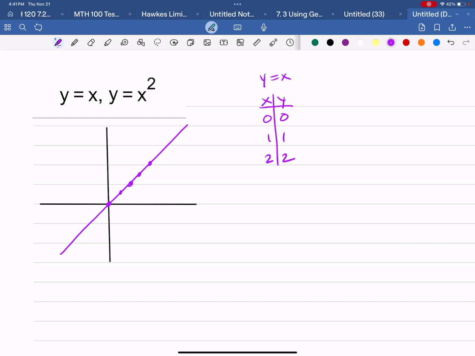So there's that one. And then y equals x squared is a parabola. So let's see, 0, 0, 1, 1, 2, 4. And so this looks like this. Okay.